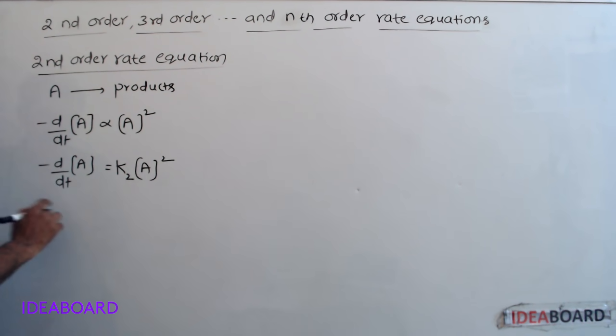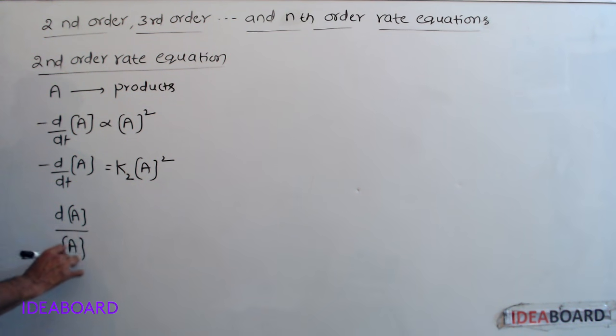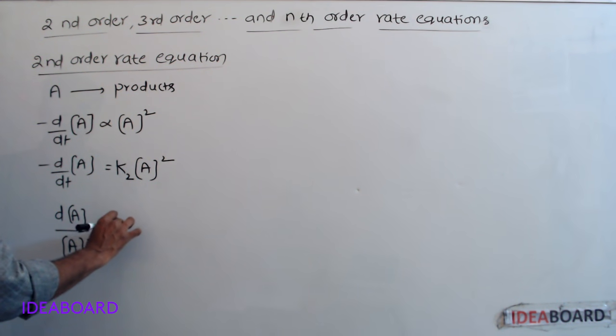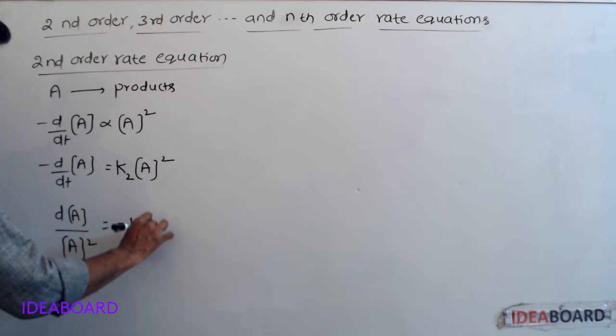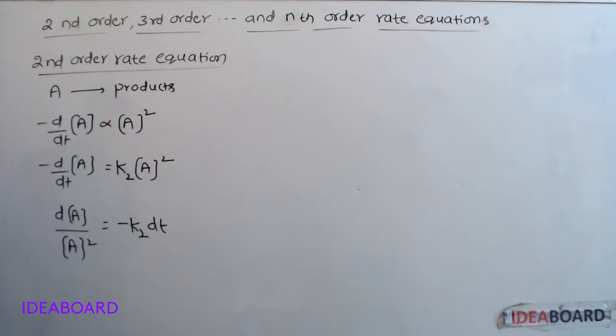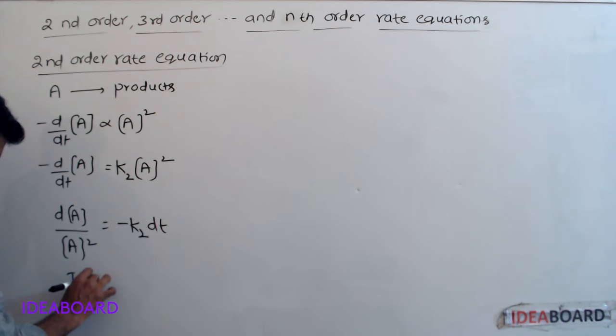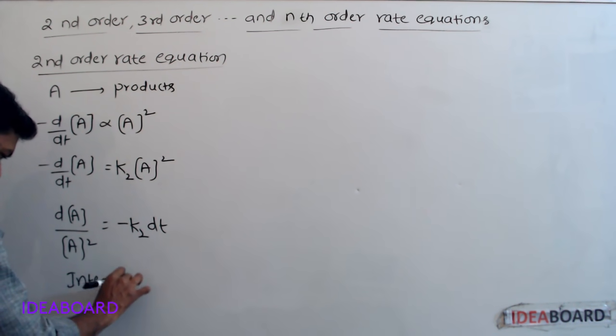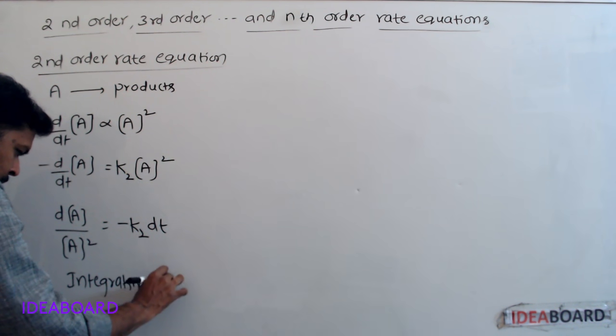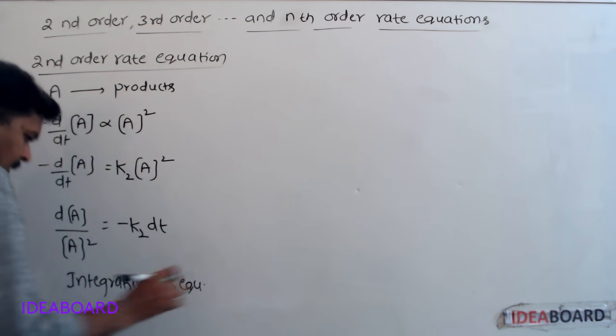Just bring the concentration terms to one side. d[A] divided by [A] square is equal to minus K2 dt. Now integrate this equation.